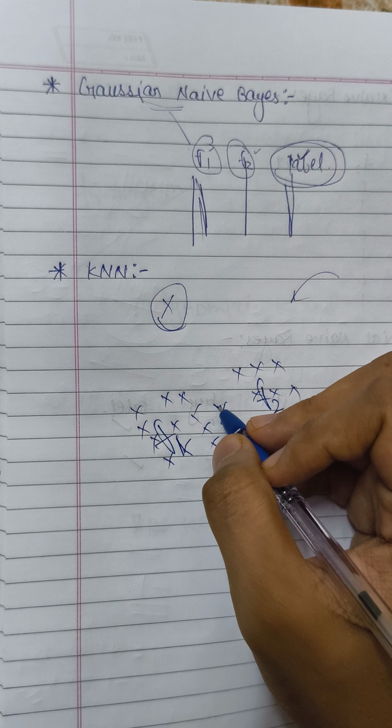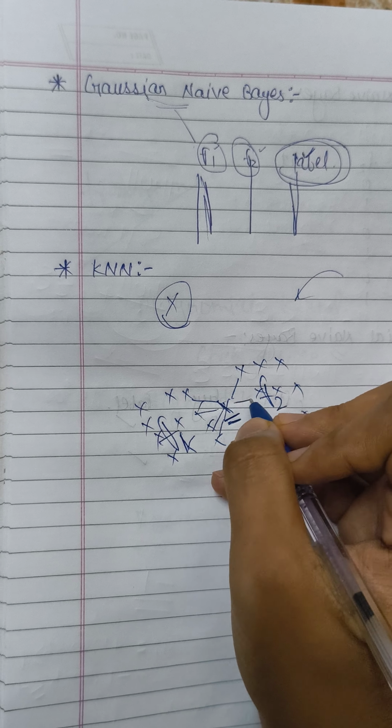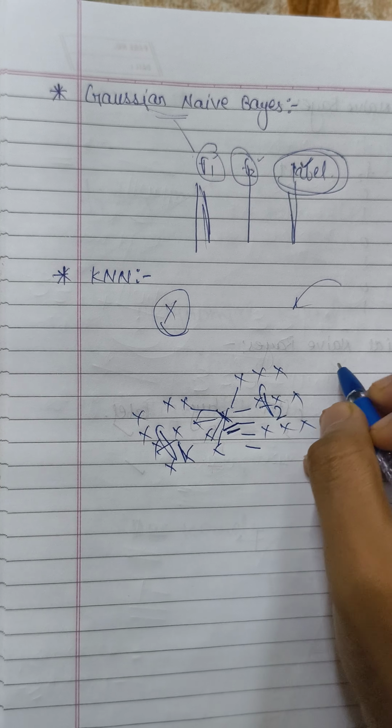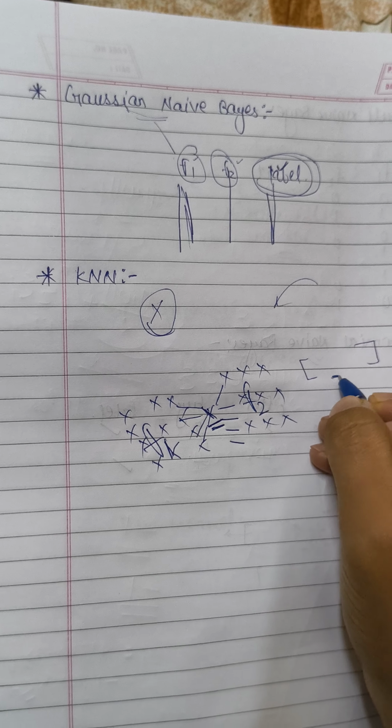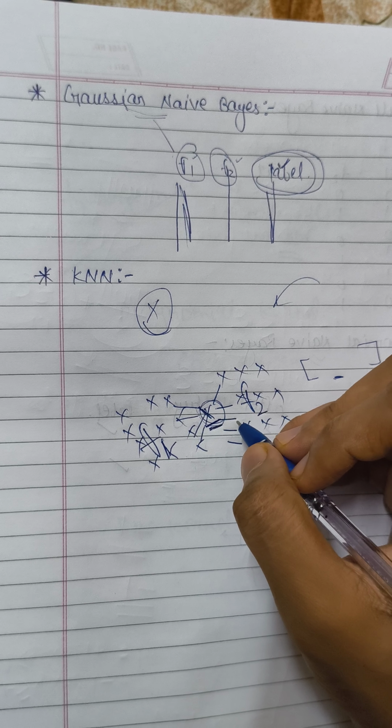During the prediction, the distance will be calculated from each of the points present in our data set. Then the distances are sorted and we get the k nearest neighbors of our particular data point.